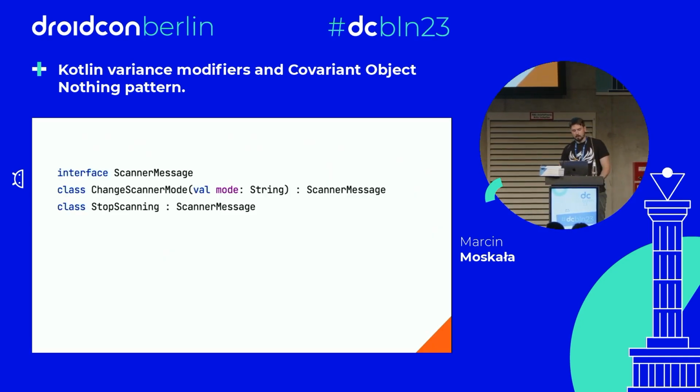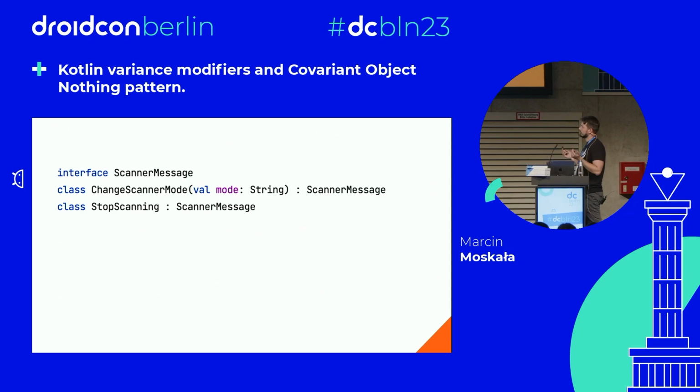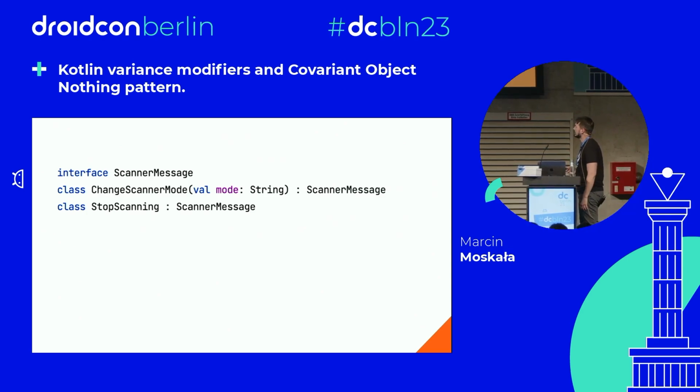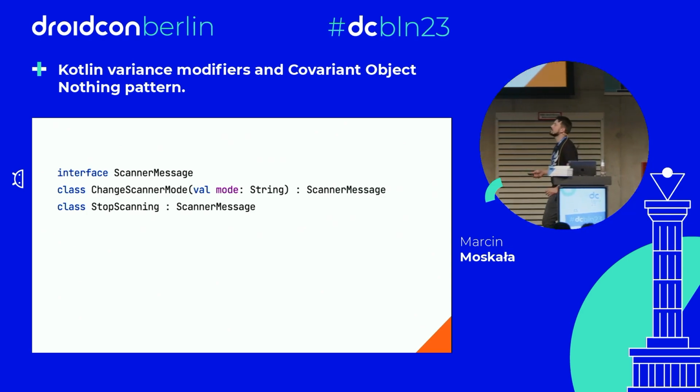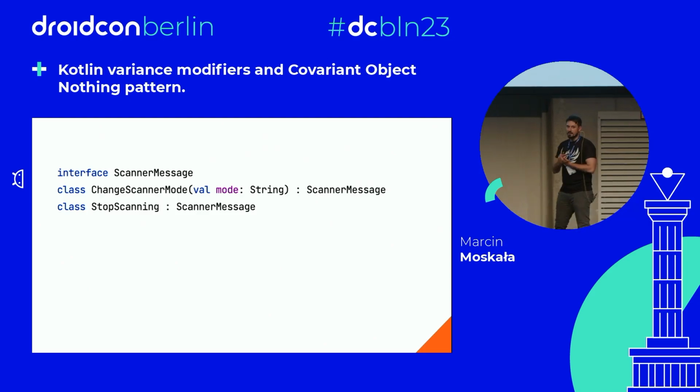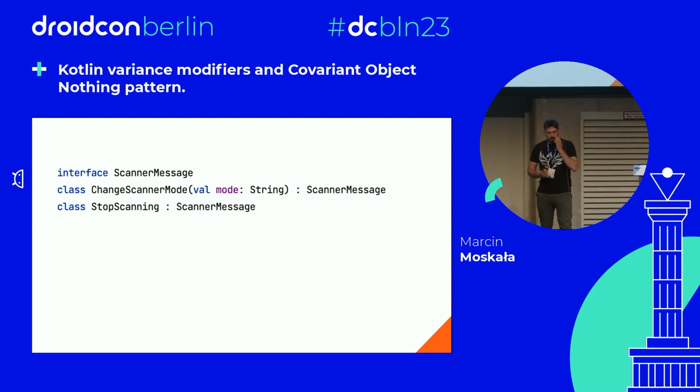So imagine that you have a small hierarchy of messages, and some messages keep some data, so it's appropriate that those are classes. But some messages do not keep data. And Kotlin will suggest that in such a case, you should not use a class and create a new instance every time you use it.